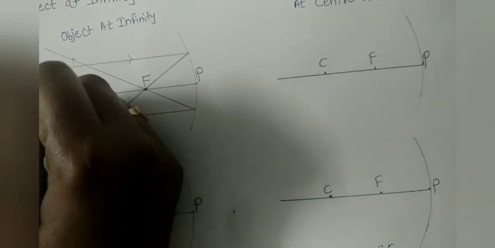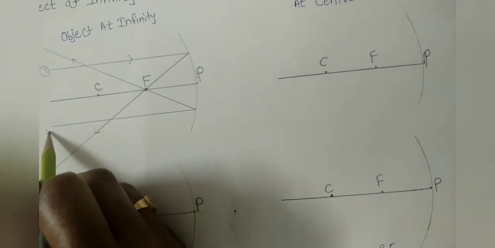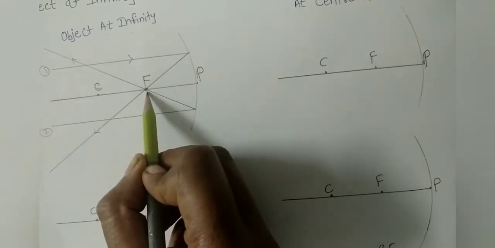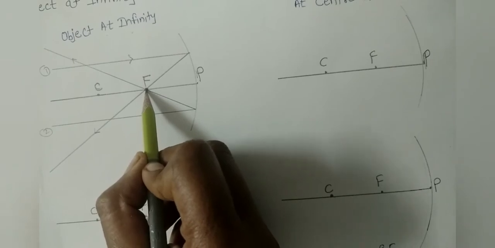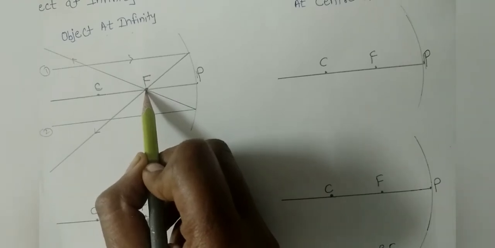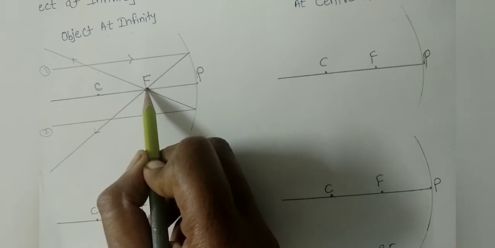So this one is first ray and this one is second ray. Both the rays after reflection meet with each other at the focus, and as we know, the intersection of two reflected rays gives the position of image. So when object is placed at infinity, the image of that object will form at the focus.